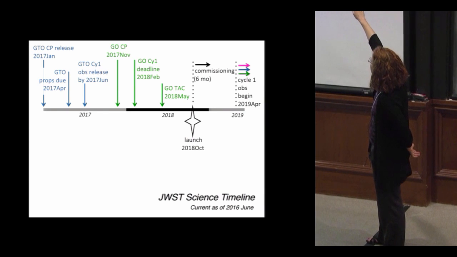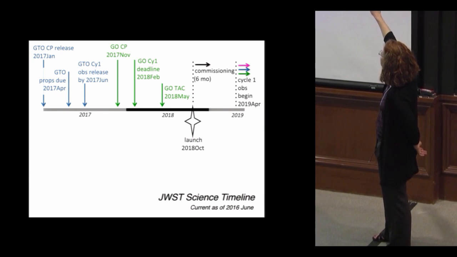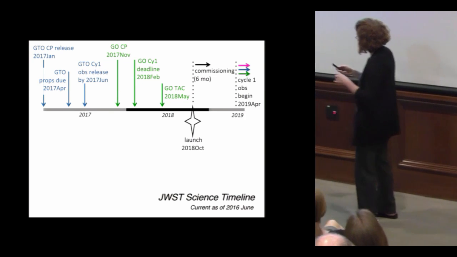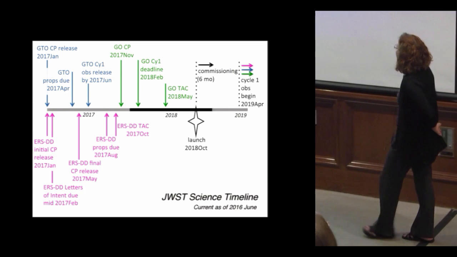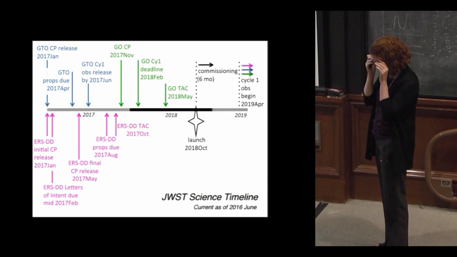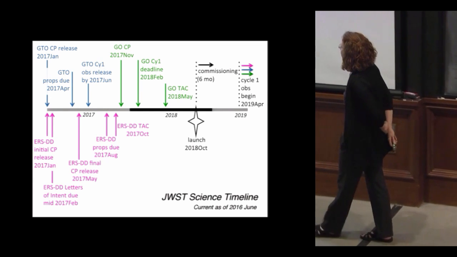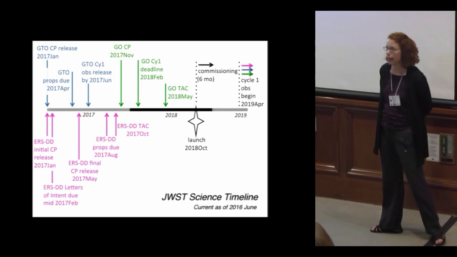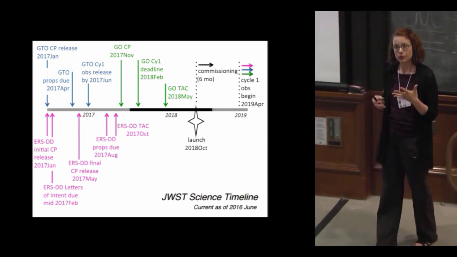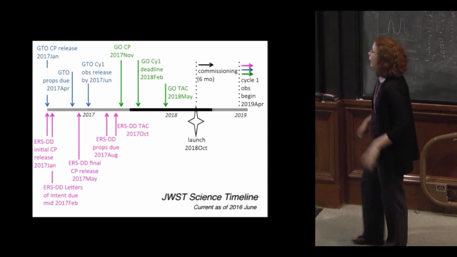There'll be a TAC that will decide which observations are going to cycle 1, and then that will happen before launch and then commissioning. And then cycle 1 will begin in April of 2019. I want to highlight something called the Early Release Science Program, which is actually a bucket of director's discretionary time that has been earmarked to have programs that will enable observers to test out all the various different modes to figure out how to operate them most efficiently.